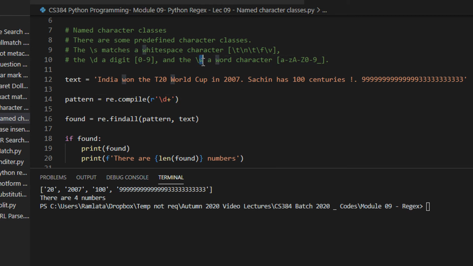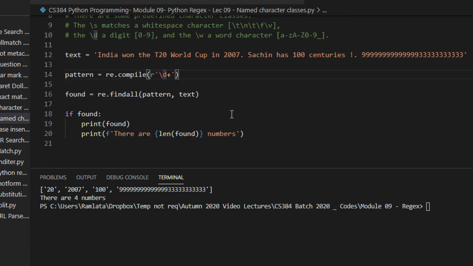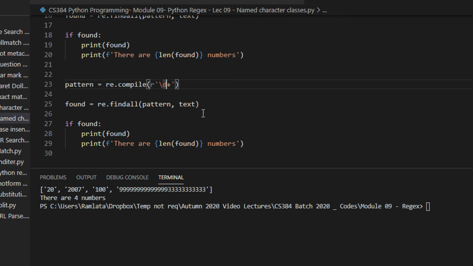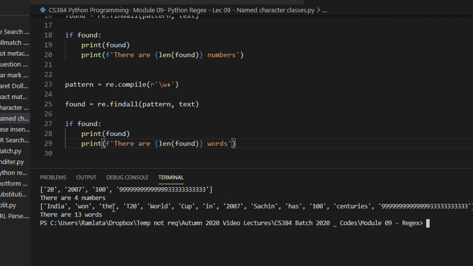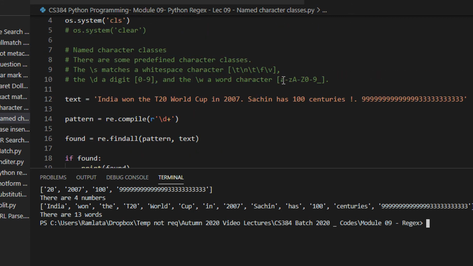Then we have \w which stands for a word character. Let us copy the entire string here and use it with this pattern. You can see here in the next case when I have \w, it basically includes all the characters along with numbers: A to Z, capital A to Z, 0 to 9 and underscore.